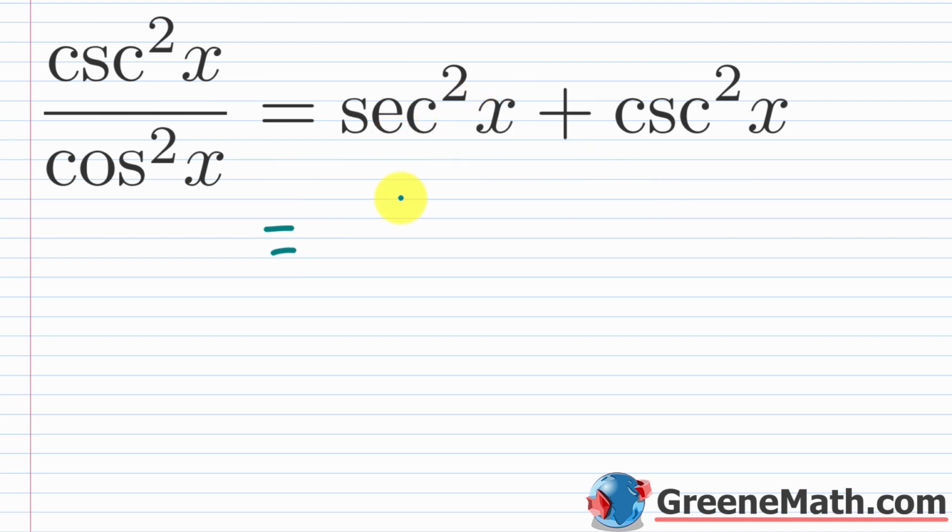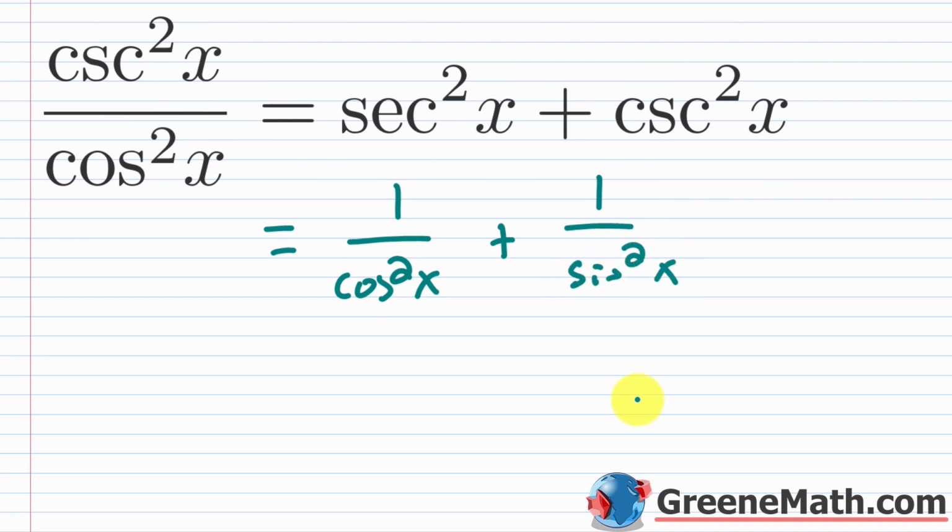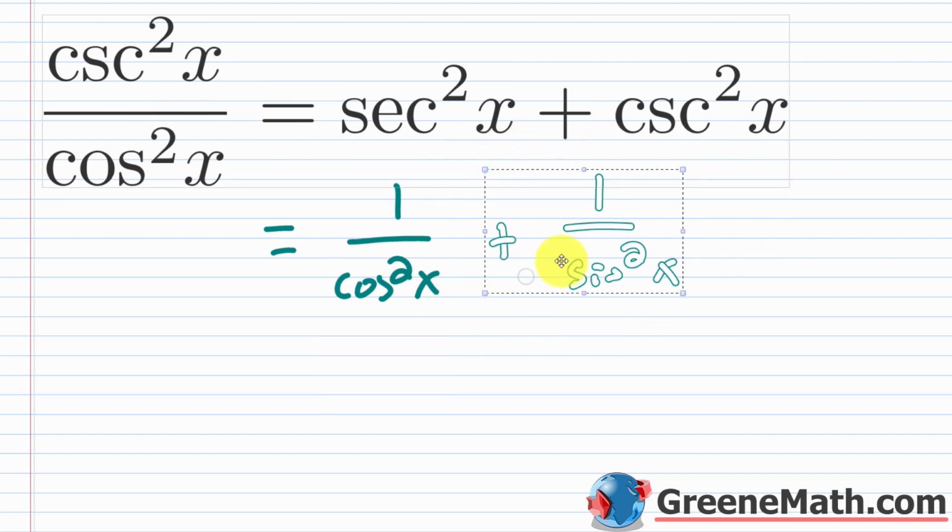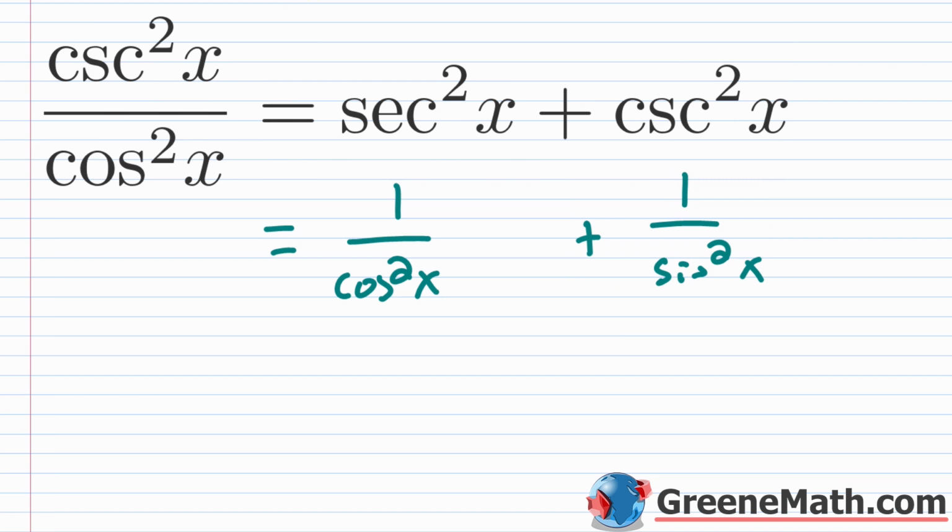So secant squared x, that's 1 over cosine squared x. Then plus for cosecant squared x, that's 1 over sine squared x. Now, when you get something like this, typically you would want to get a common denominator and combine these two. So let me slide this down just a little bit so I can fit that in. So I'm going to multiply this by sine squared x over sine squared x.